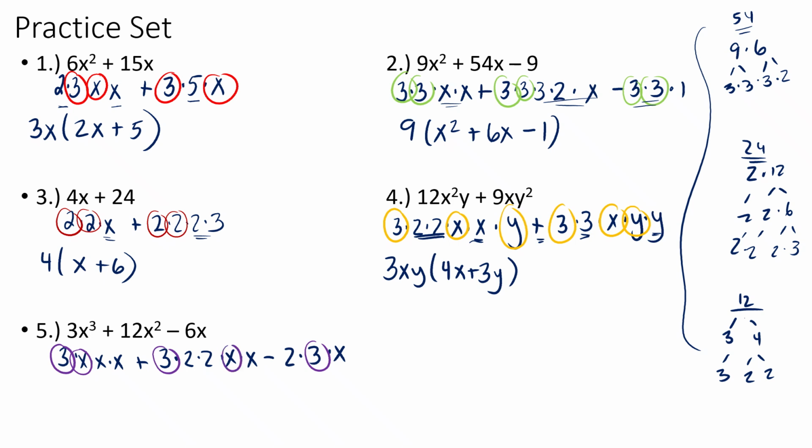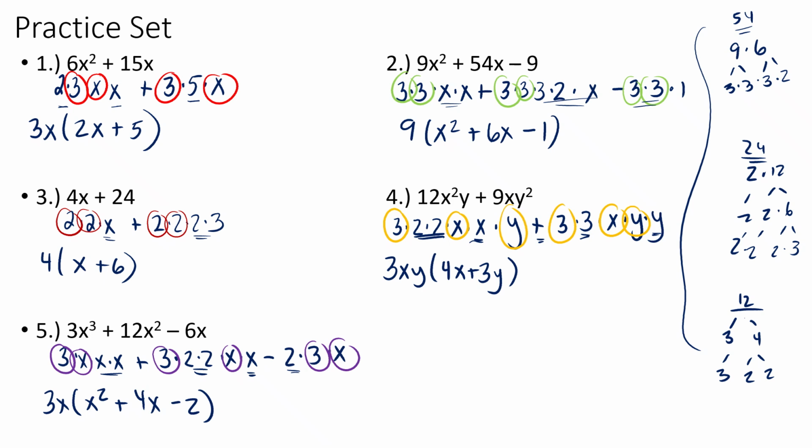I think that's it. So my GCF in this case is 3x, and then putting the rest of that back together, we have x squared plus 4x minus 2.